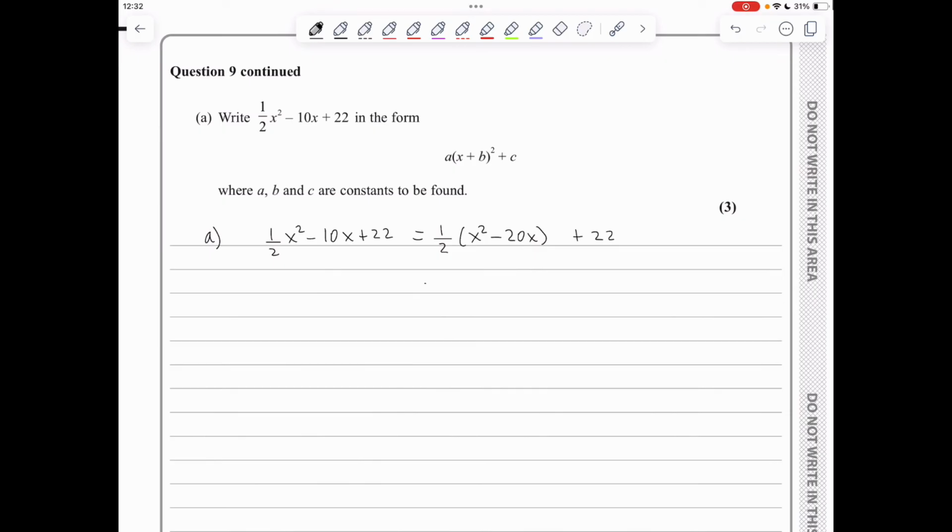So I will complete the square on x squared minus 20x. It's going to give me x minus 10 squared minus 10 squared, close the square brackets, plus 22.